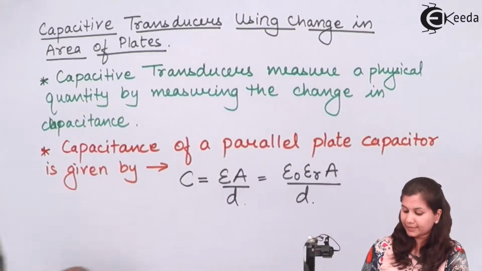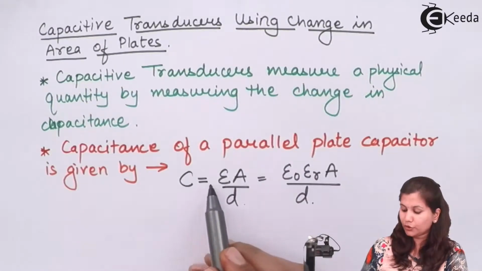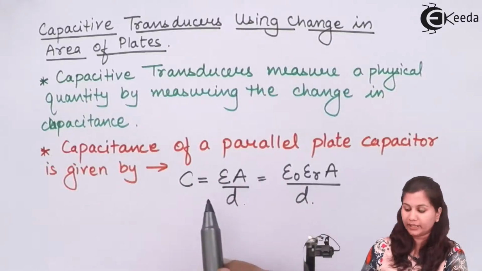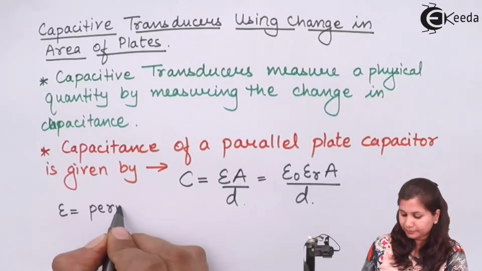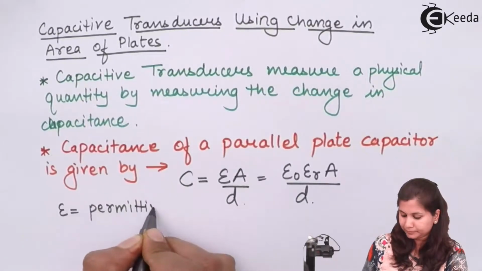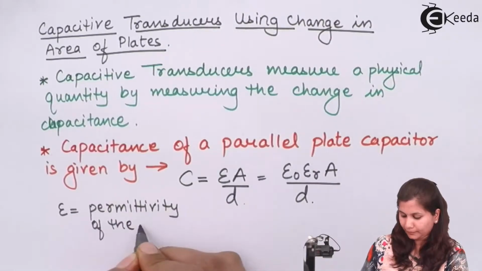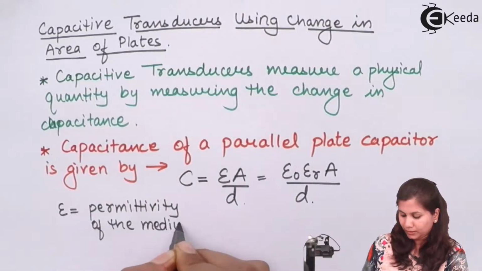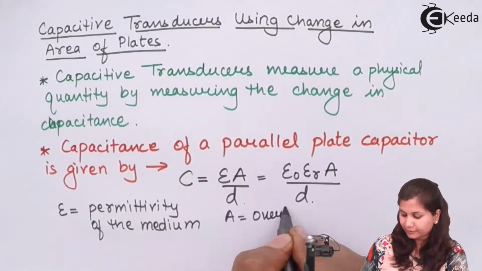capacitance is given by the equation C equals epsilon A by D, where epsilon is the permittivity of the medium, A is the overlapping area of the plates.